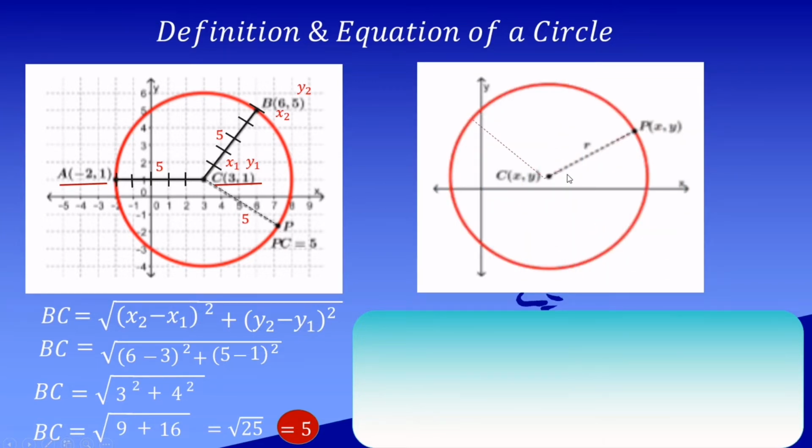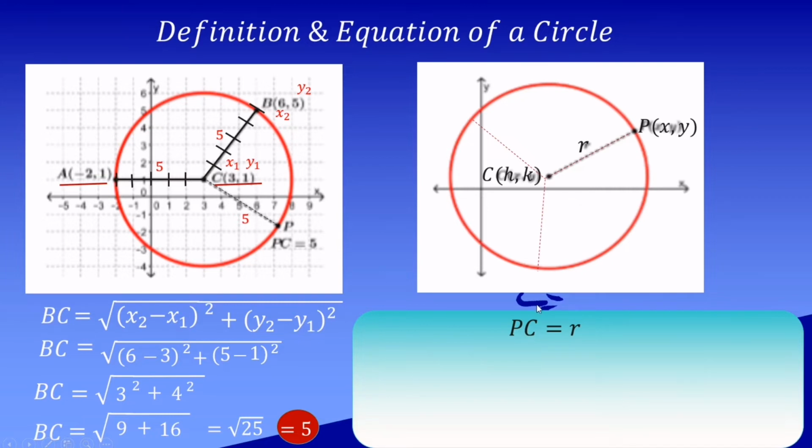So by definition of a circle, ito yung ating mga component for the equation of a circle. We have the center represented by (h, k). The segment from the center to any point is r. So the distance between P and C, PC, is equal to the radius r.